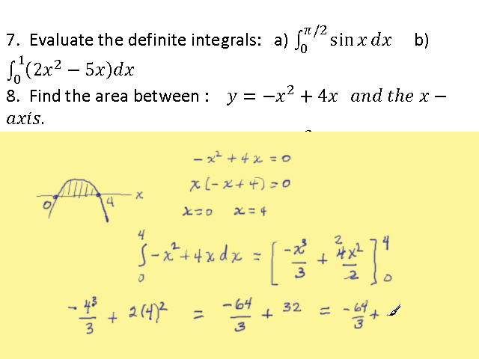We'll just get a common denominator, and we have 32 over 3.